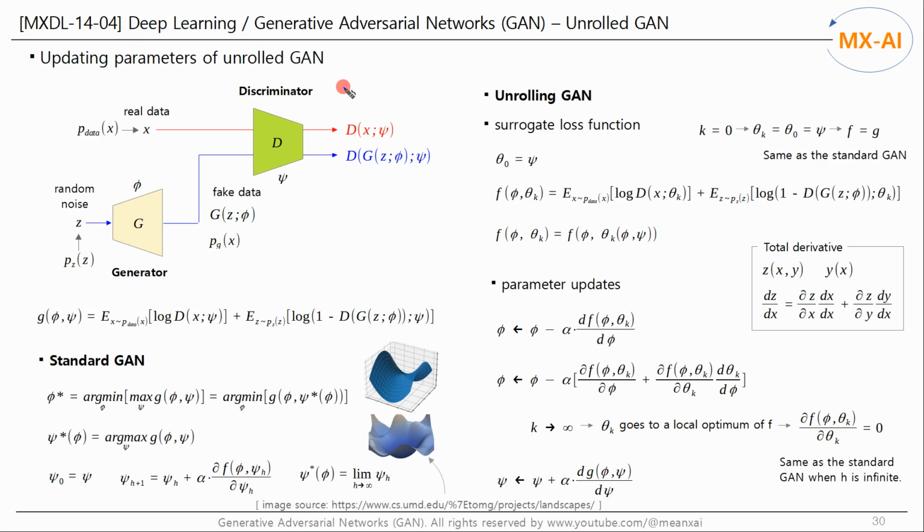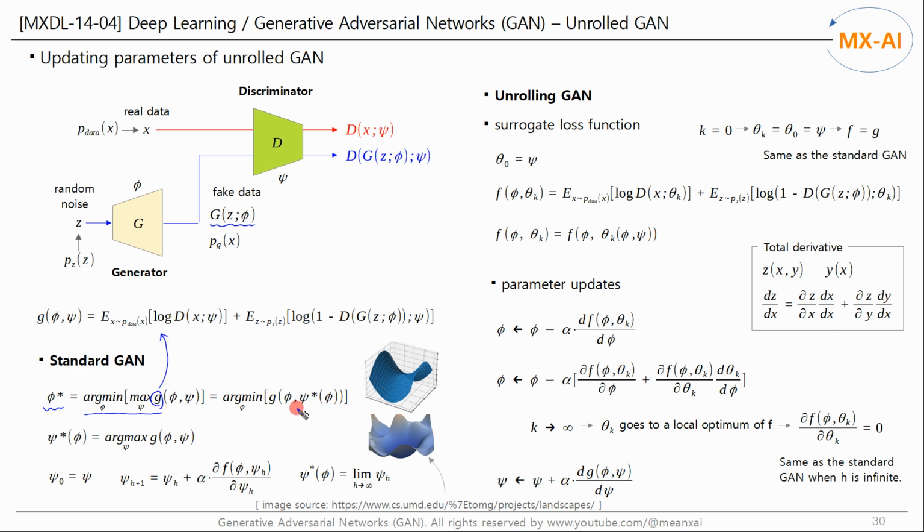Next, let's look at how the generator of an unrolled GAN is updated mathematically. The GAN learning problem is to find the optimal parameters phi for a generator function g of z, phi in the following minimax objective. Where g is commonly chosen to be as follows.